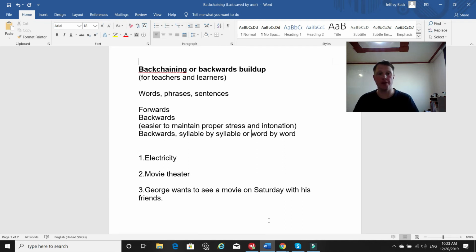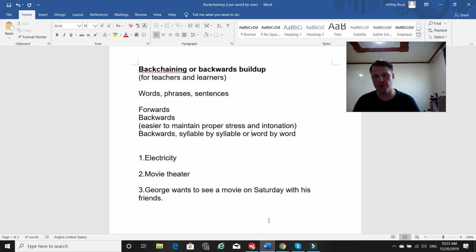Two, movie theater, theater, movie theater. Three, George wants to see a movie on Saturday with his friends. Friends, his friends, with his friends. Saturday with his friends.